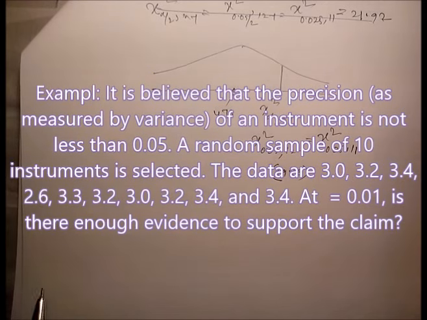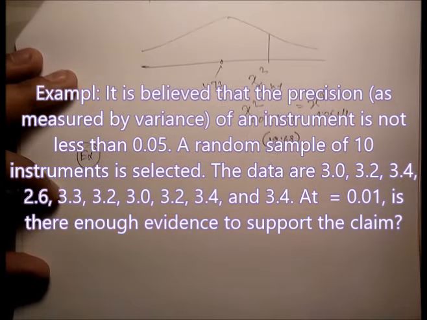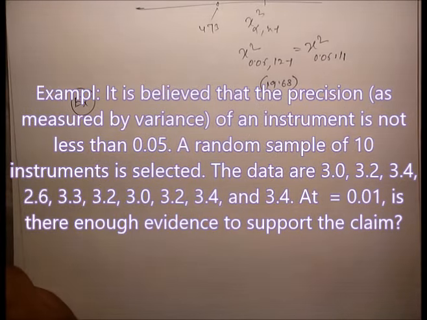Next example. It is believed that the precision of an instrument is not less than 0.05. A random sample of 10 instruments is selected. The data are 3.0, 3.32, 3.4, 2.6, 3.3, 3.2, 3.0, 3.2, 3.4 and 3.4.